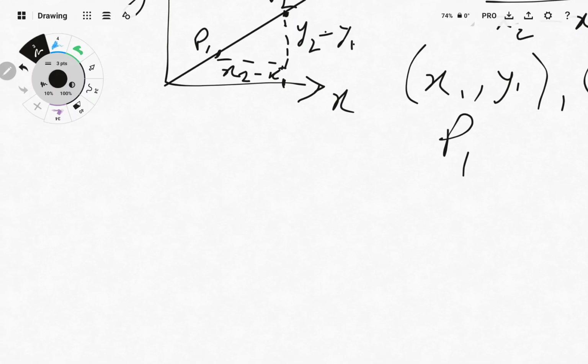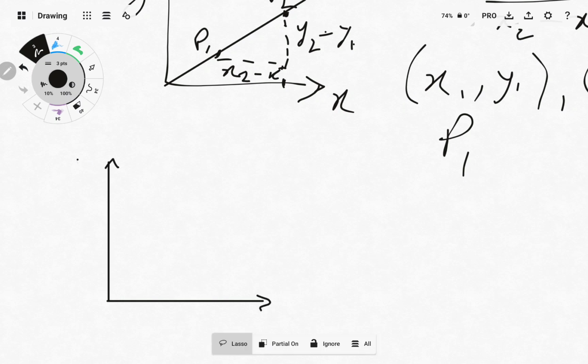Now we have a new problem. Showing the y-axis and x-axis.